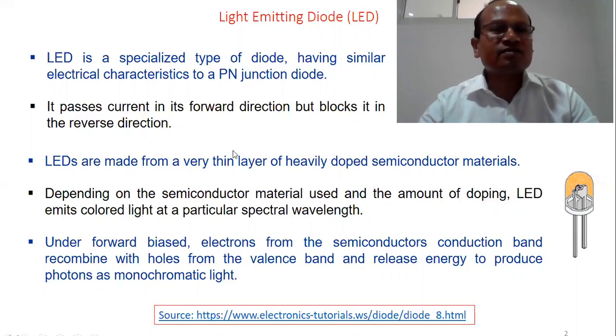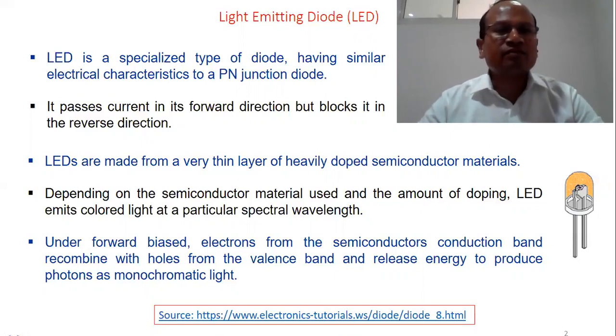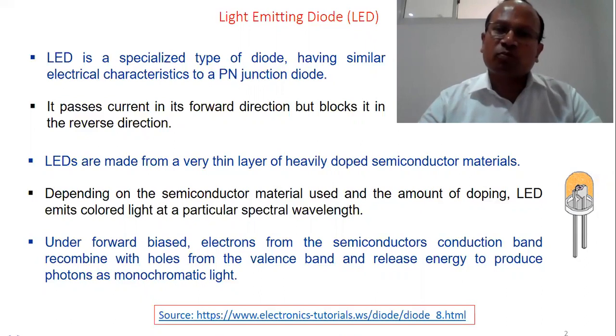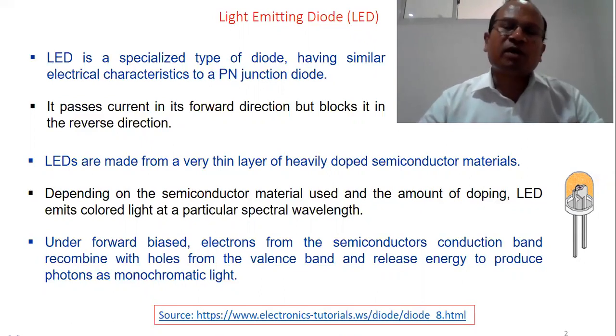So LEDs are made from a very thin layer of heavily doped semiconductor materials. Depending on the semiconductor material used and the amount of doping, it emits light of a particular color.